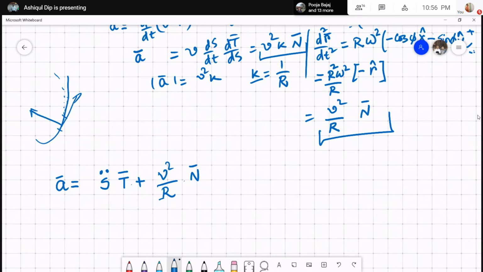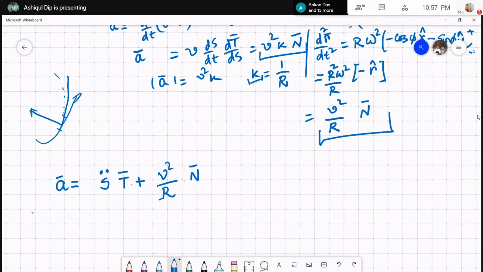Radius of curvature is r; kappa is actually the curvature. We can prove it by drawing this local circle from the definition dt by ds, by considering a little change of the motion of the particle.